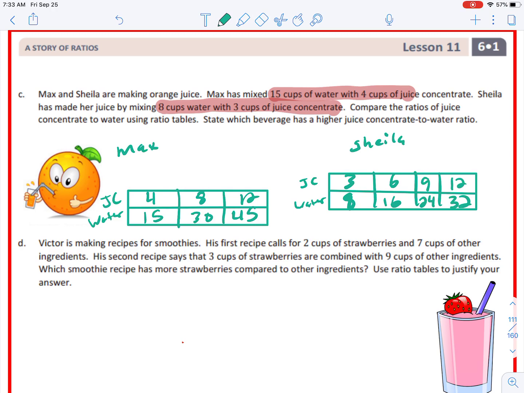Now, looking at each of our tables, all we did was count up using the ratios that they gave us, juice concentrate to water. And then they're asking us to state which beverage has a higher juice concentrate to water ratio. So, let's look at these two tables. Do any numbers match in the tables?